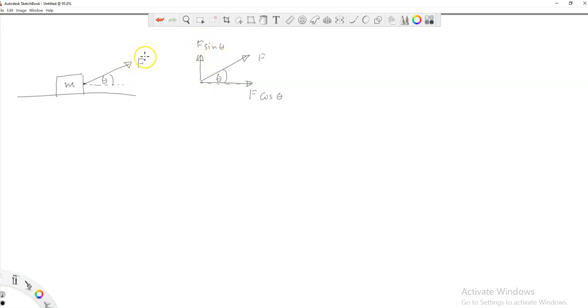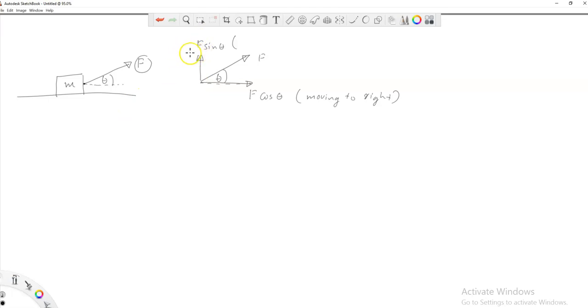Now this horizontal component is what is moving it to the right, right? This helps with moving to the right. This one is trying to lift it. It's vertical, right? This sine component will try to lift the object.